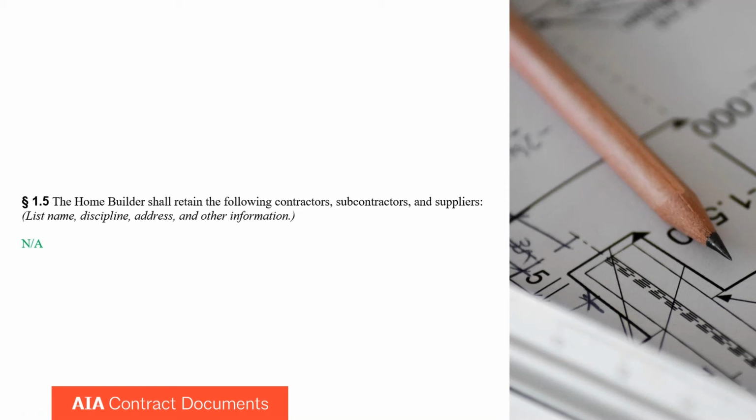This is for several reasons, the most important of which is that the owner may want to visit a supplier to see tiles or other materials that they still have to select that are identified in the allowances. And they may also require partial lien waivers, and this will identify which subcontractors need to provide those waivers.